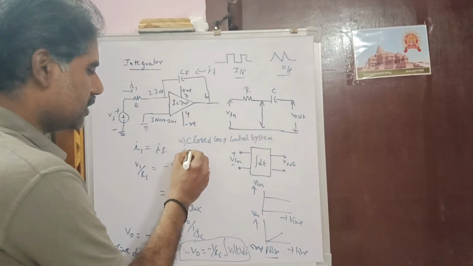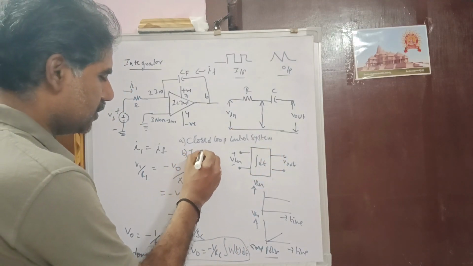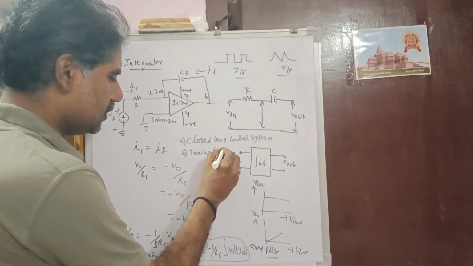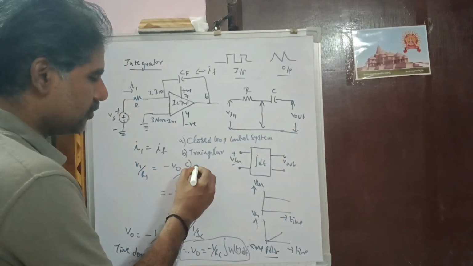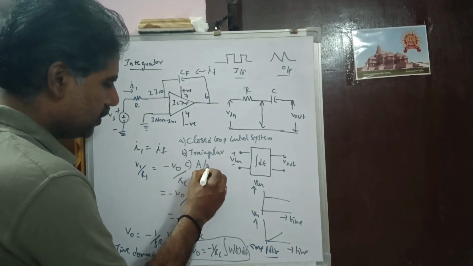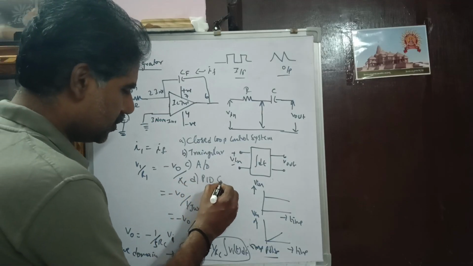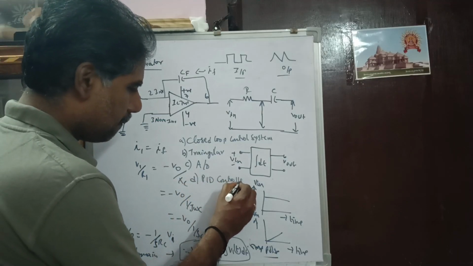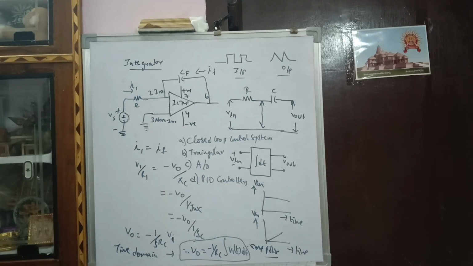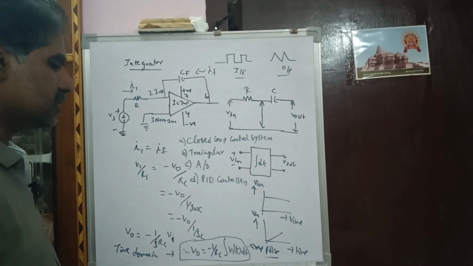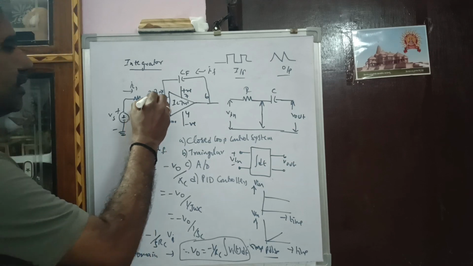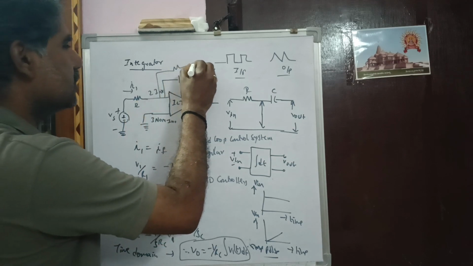It may be used as a triangular or ramp generator, as A to D converters, and as PID controllers. Okay, this is about the integrator. The output voltage is limited by adding another resistor across the capacitor.